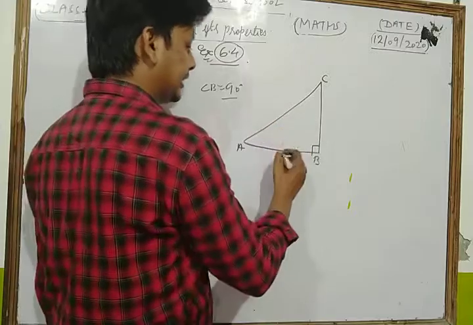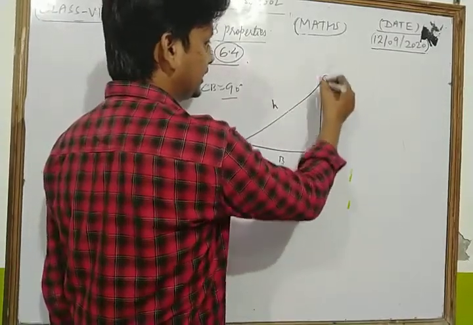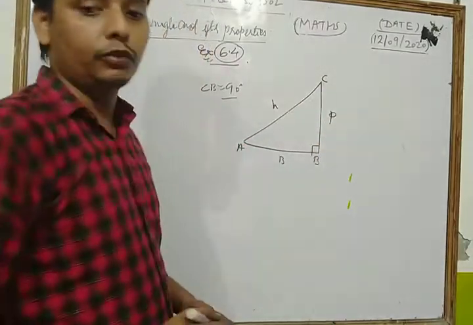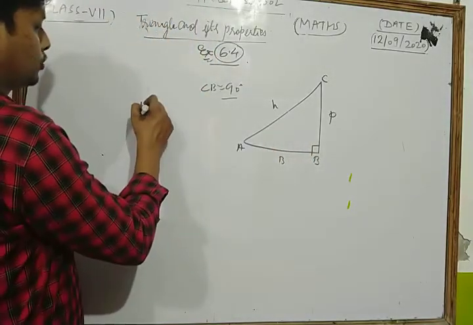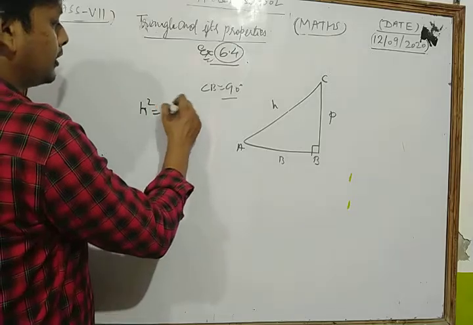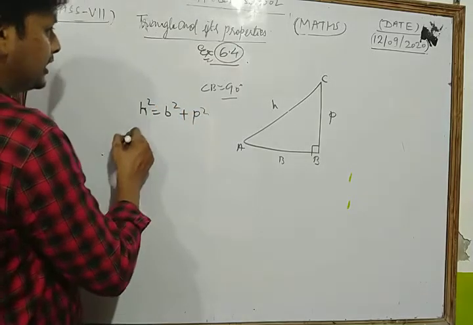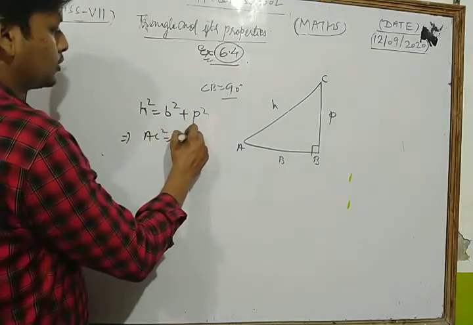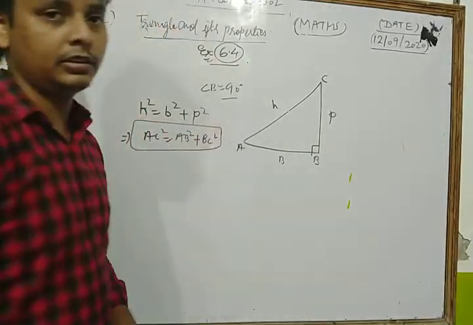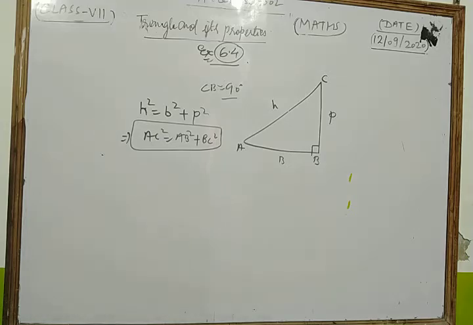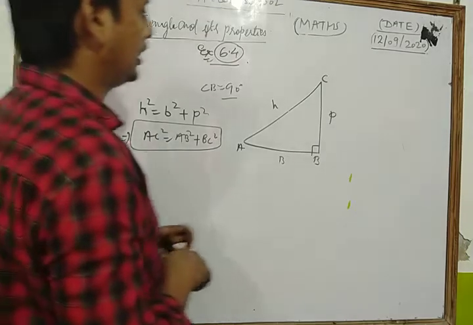In any right angle triangle, this is your base, this is your hypotenuse, and this is your perpendicular. One important relation in that triangle is that hypotenuse square is equal to base square plus perpendicular square, that is AC square is equal to AB square plus BC square. This is a very important relation between the sides of a right angle triangle.